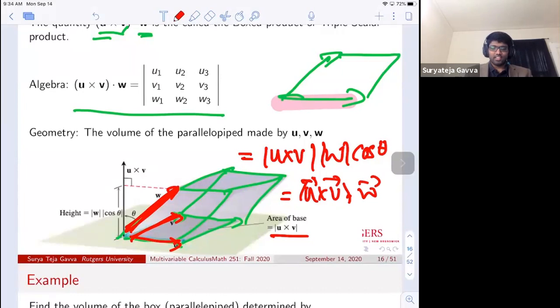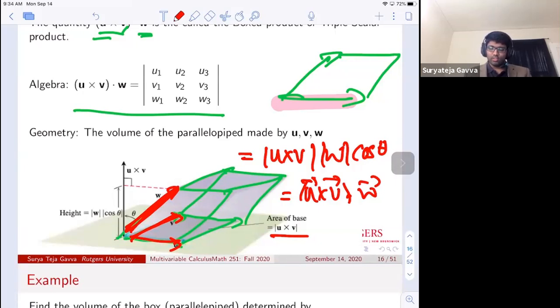Okay, questions on this? If you want to compute the volume of this parallelepiped, you need to compute the area of the base and the height. The area of the base we have computed, it's the cross product. And the height is w times cosine theta, where theta is the angle between the perpendicular and the w vector.